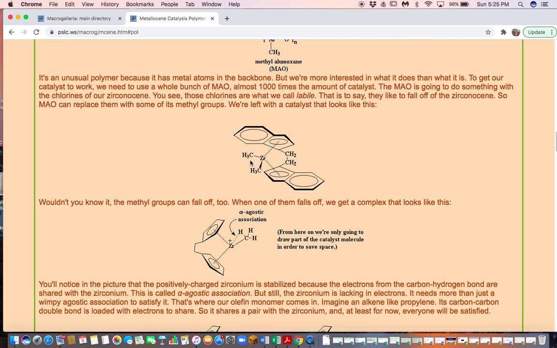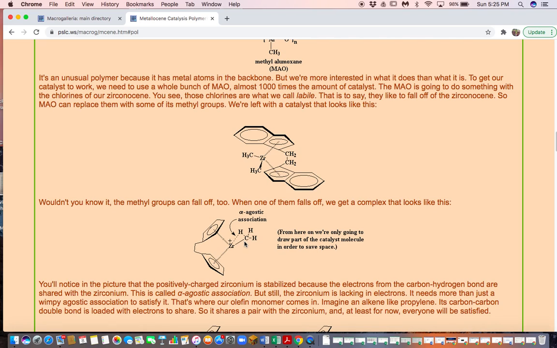One of them falls off of this species, and the other one forms a new type of association or complex with the zirconium. All right, so follow me here. We have the zirconium, we have two methyl groups. One of them falls off, one of them remains. That's your CH3, and you can see the covalent bond is still there.